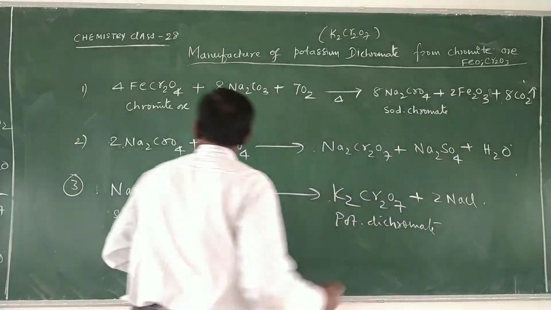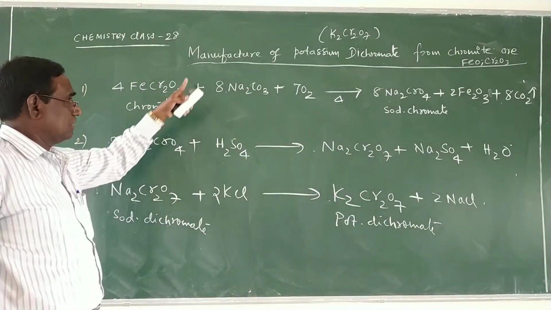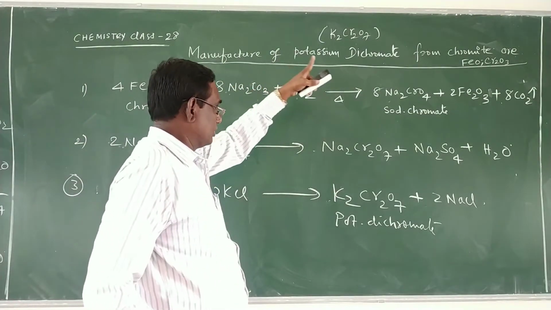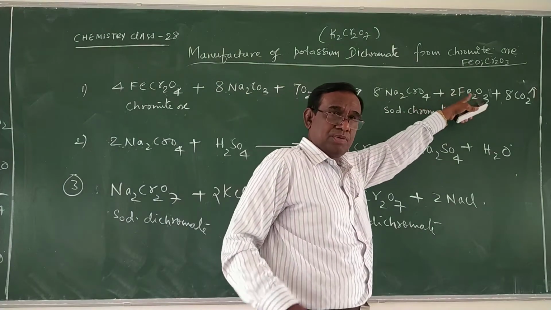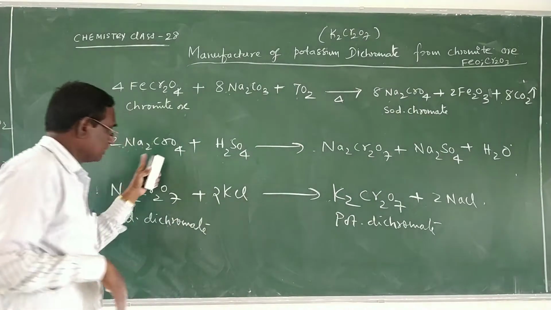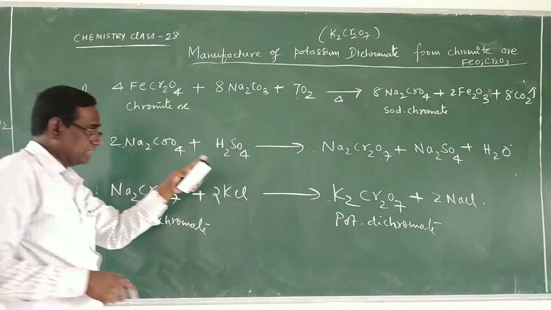So chromite ore is first heated with sodium carbonate solution and excess of air, so that you get sodium chromate solution. The impurities are filtered off. The sodium chromate solution is taken out and acidified with sulfuric acid to get sodium dichromate.